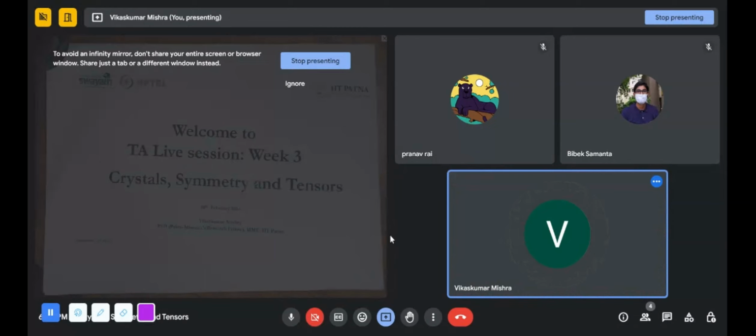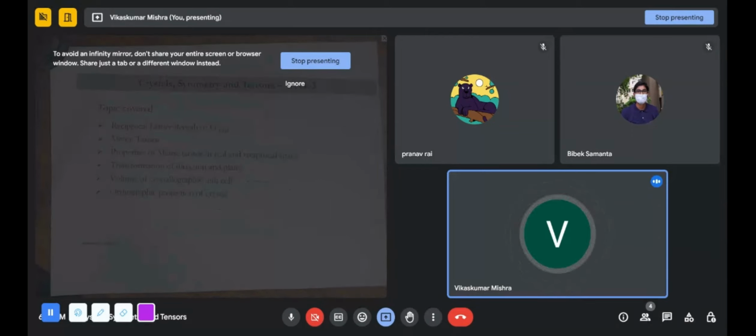What we are going to discuss today is the week 3 content on crystal symmetry and tensors. The list of topics covered this week are as follows.